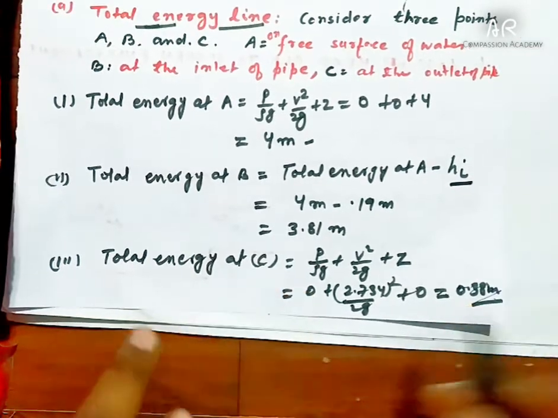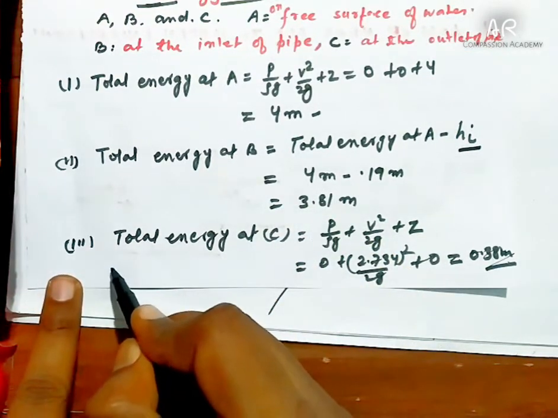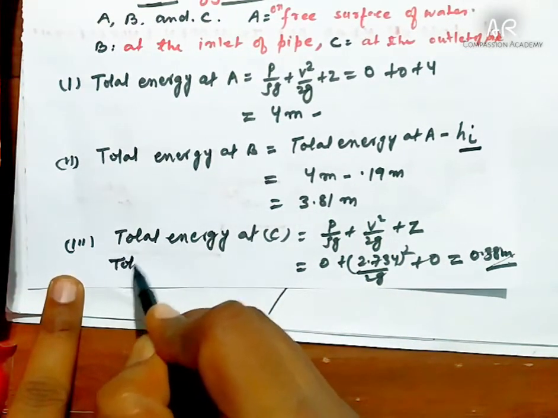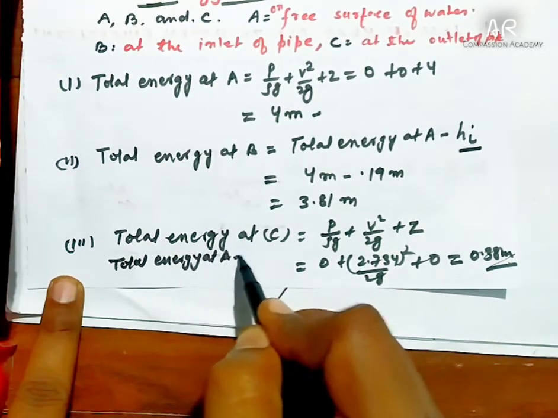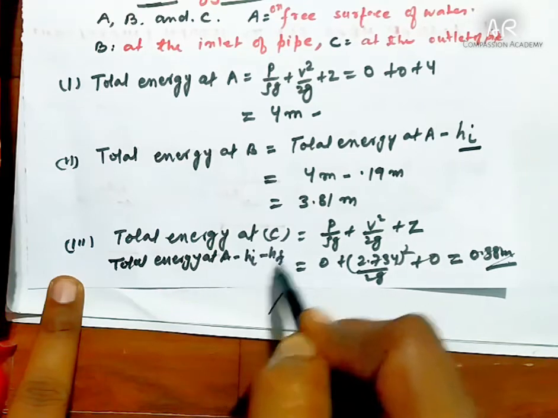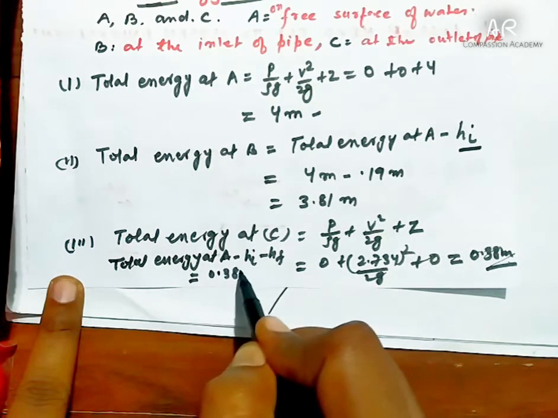We can also calculate it like this: total energy at A minus h inlet minus h f. Then it will also come to 0.38 meter.